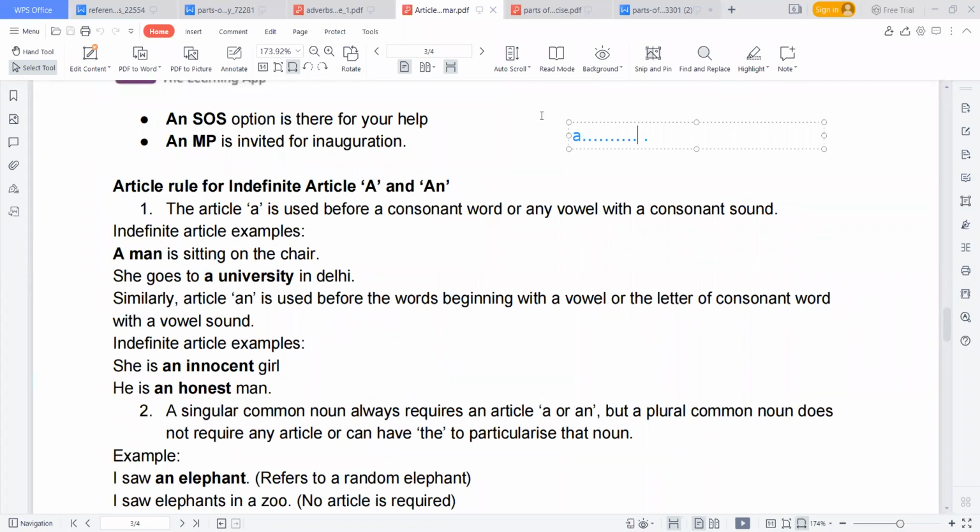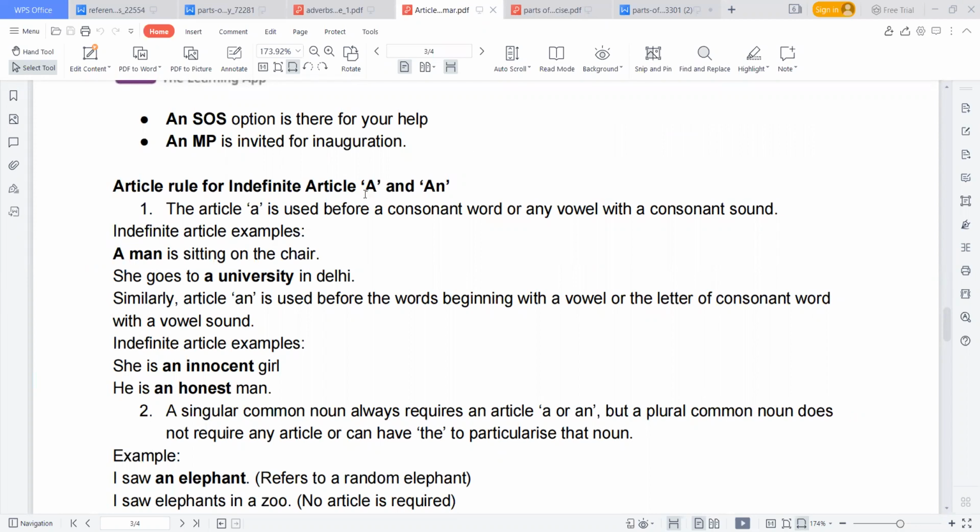But if a noun is there and an article is there and we have a blank in between, then for sure an adjective will come in between. There is no doubt. Clear? So very simple. A and an are used with nouns and adjectives.